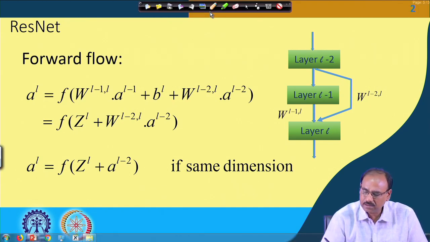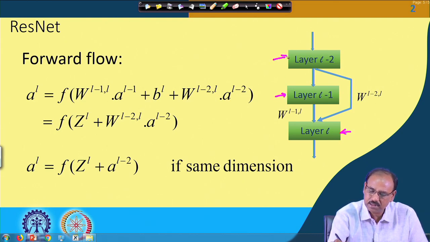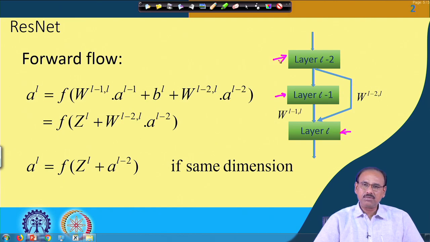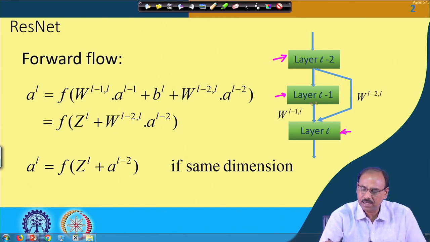If I assume that this layer is layer L, the previous layer is layer L minus 1, and the layer previous to that is layer L minus 2. Then the forward information available at the input of layer L is a function of the activation at the output of layer L minus 1 plus the activation at the output of layer L minus 2. And that is what this skip connection gives.